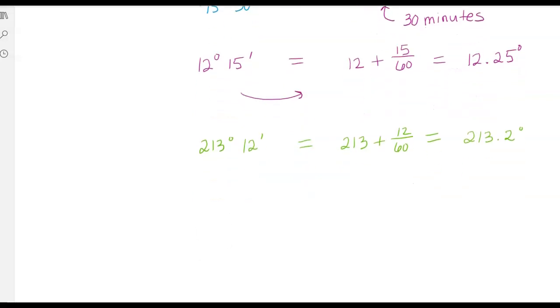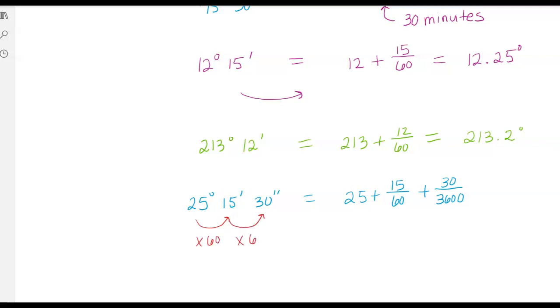If you happen to have, which we don't very often in this class, degrees, minutes, and seconds, we'll take the full number of degrees as it is, we'll add the 15 over 60, and then we'll add 30 over 3,600. Where am I getting 3,600? Well, if I go here, this is multiplied by 60, and then if I go here, it's multiplied by another 60.